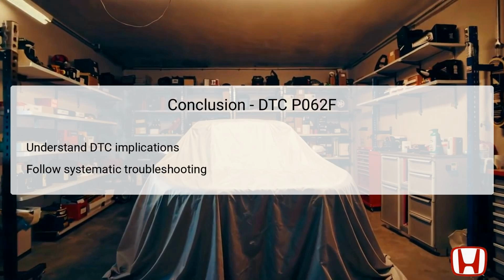In conclusion, understanding DTC P062F revolving around the powertrain control module's internal control module keep-alive memory error is essential for effective vehicle service and repair. The systematic troubleshooting steps are designed to identify and address underlying issues, ensuring the PCM can function correctly and optimize vehicle performance.